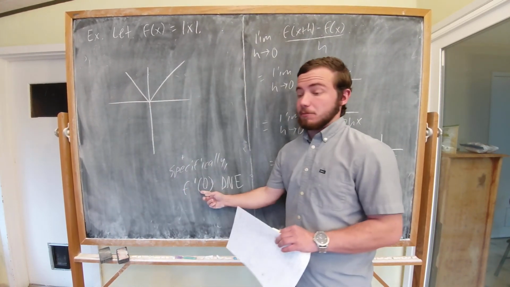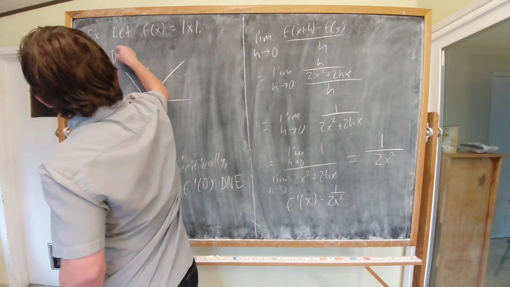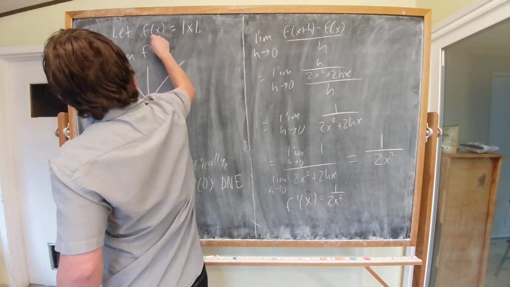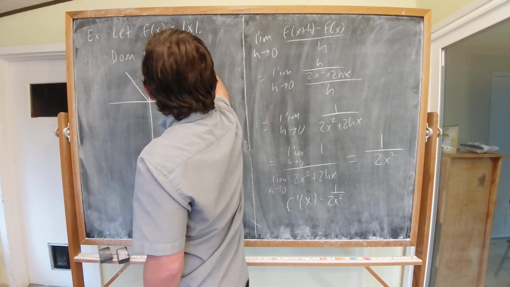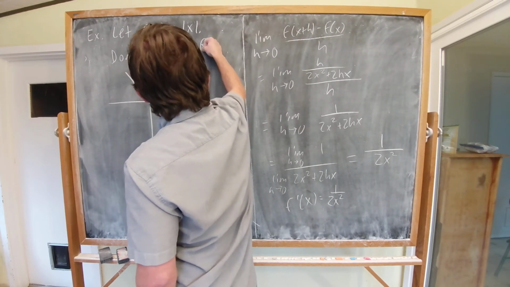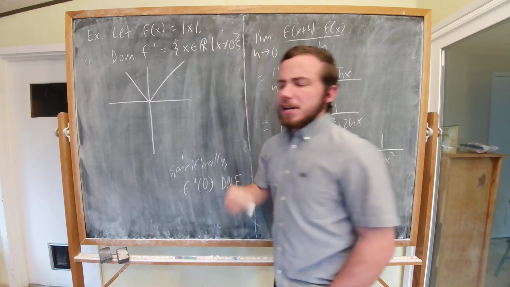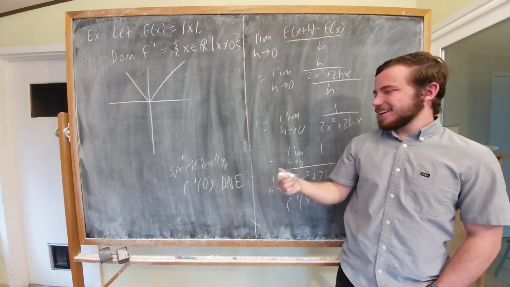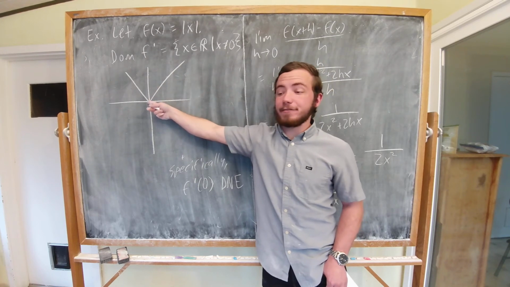F prime of 0 doesn't exist. And the domain is the set of all real numbers not equal to 0. So, I suppose I misled you to start. F prime of x exists, it's just that its domain cannot have this corner point.